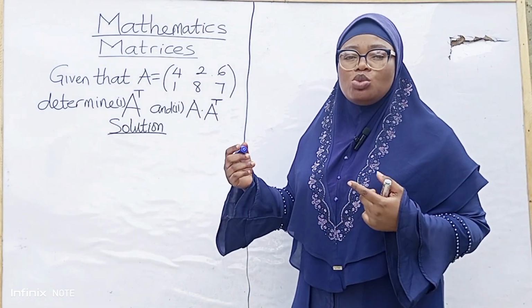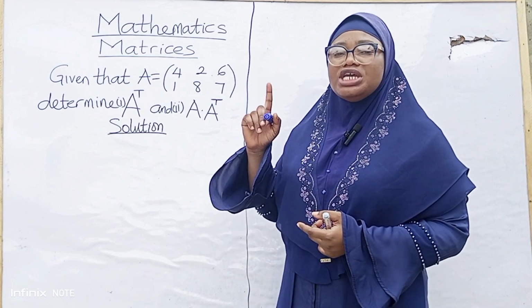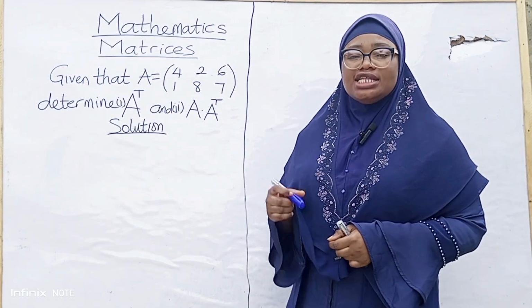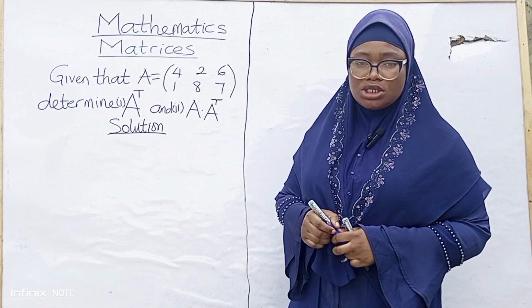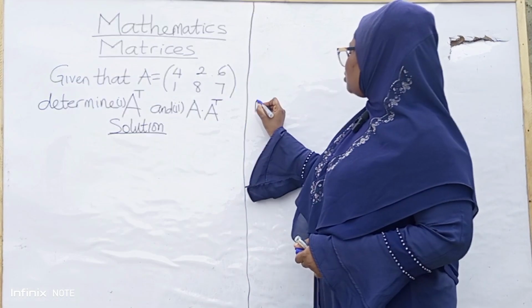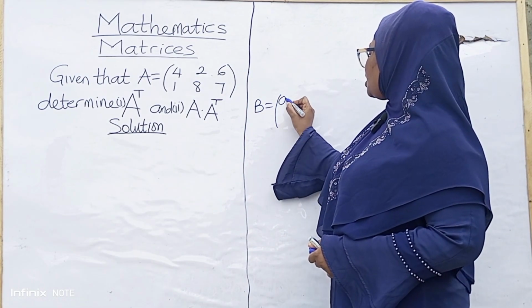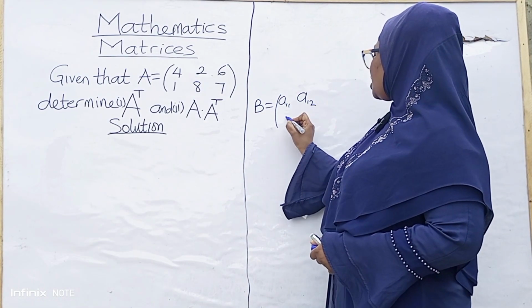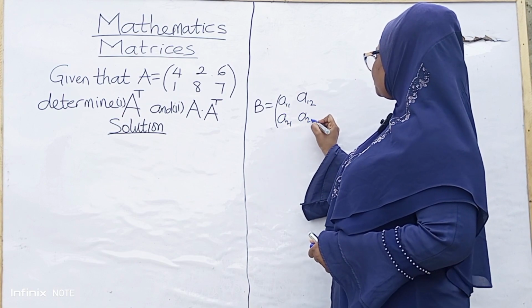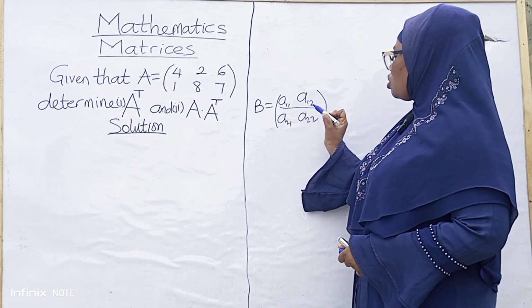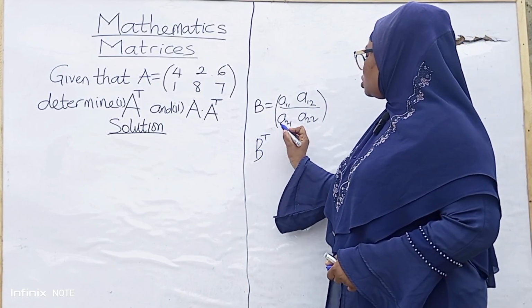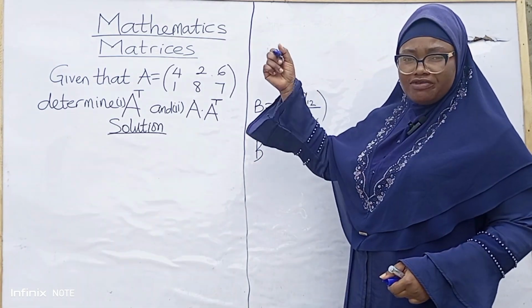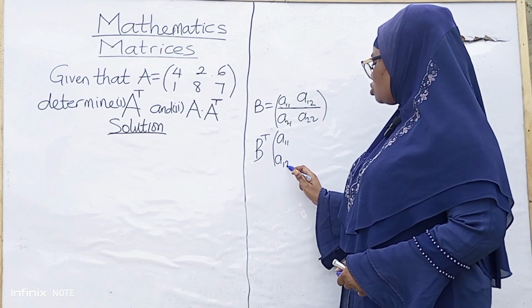Transpose of a matrix is when the rows and columns of a given matrix are interchanged. That is, the row of that given matrix becomes the column of its transpose. For example, if we have matrix B equal to A11, A12, A21, A22, the first row of matrix B is transposed, so this horizontal becomes vertical in its transpose: A11, A12, arranged like that.